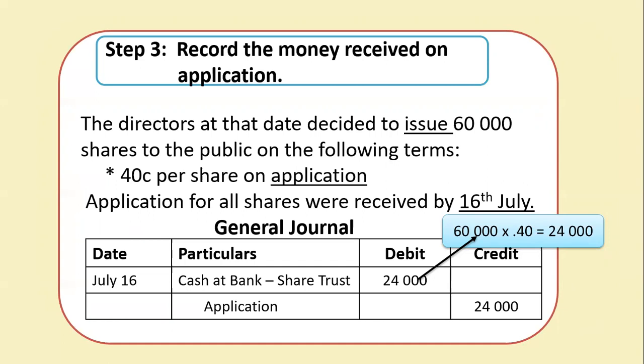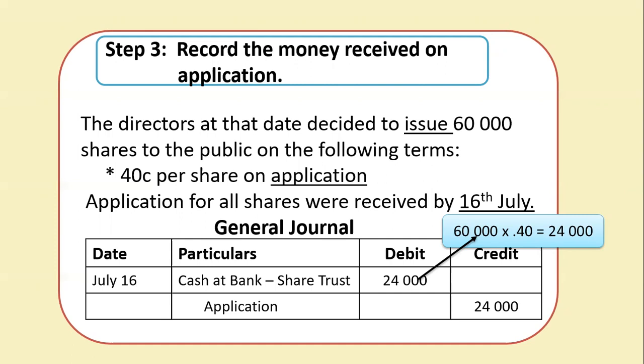The application and the money are received at the same time. When the written application is sent to the company by those interested shareholders, they are also sending the money due on application at the same time. That's why it's taking place on the same day. So the company is expecting to receive all the application money on that same day.